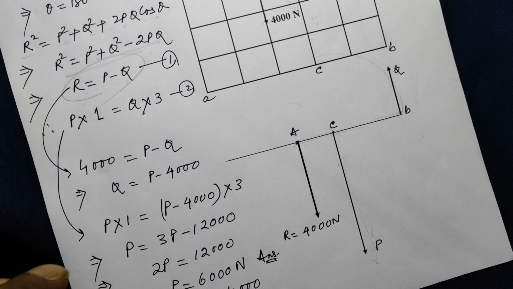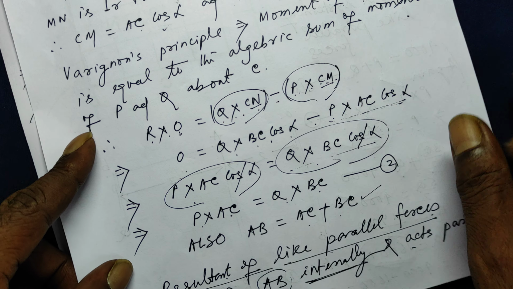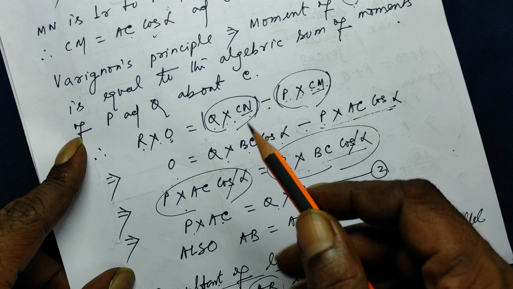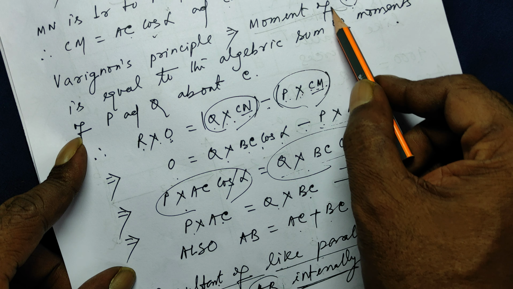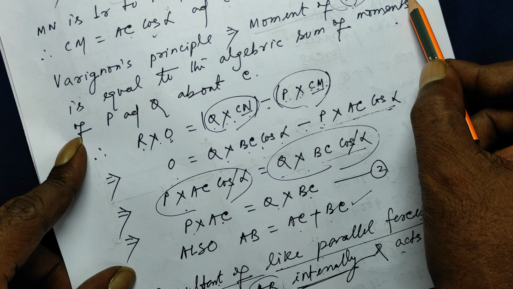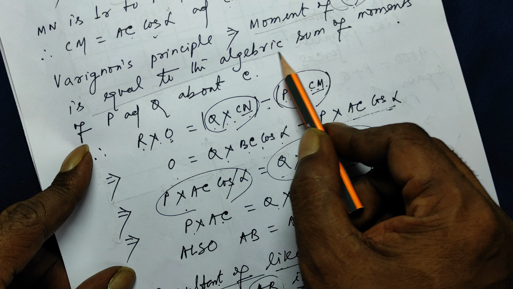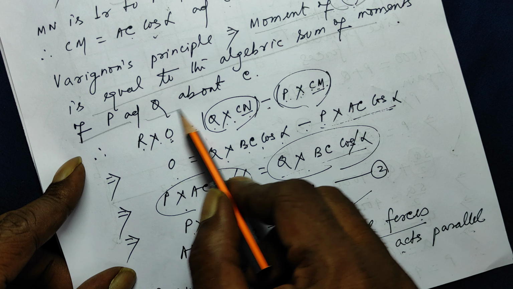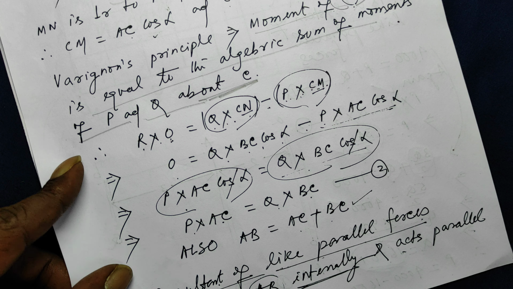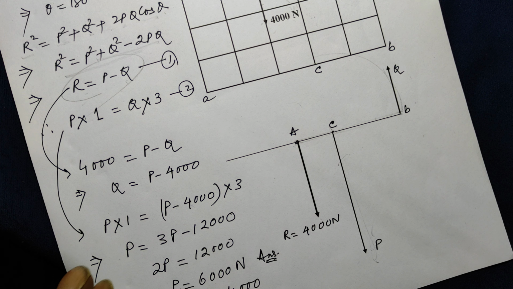And since in the last video I just explained the Varignon's principle, let me read it out again for you. The moment of R about a point is equal to the algebraic sum of the moments of P and Q about the same point. That was the principle.